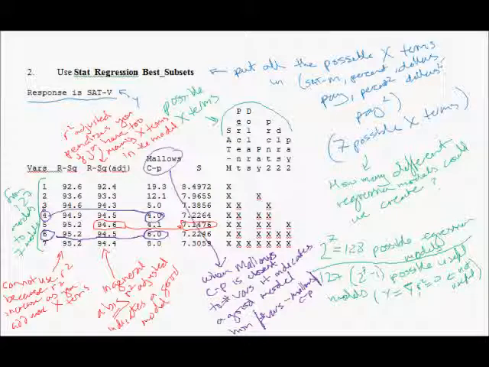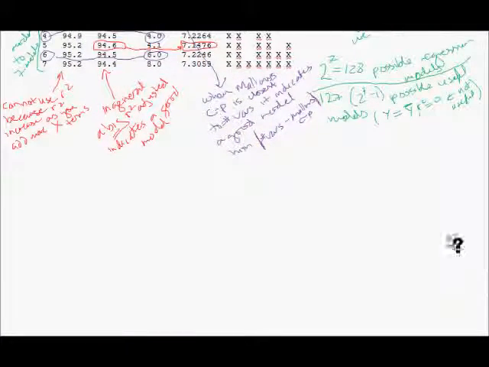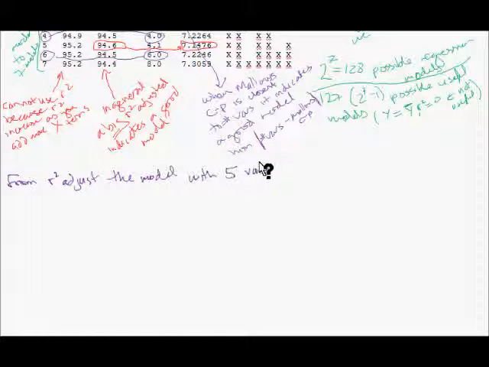So here I guess I need more space, so I have to scroll down. So it says here, we can say from R squared adjusted, the model with 5 terms or 5 variables looks good, right?